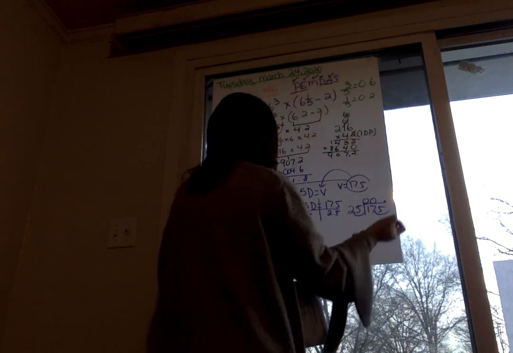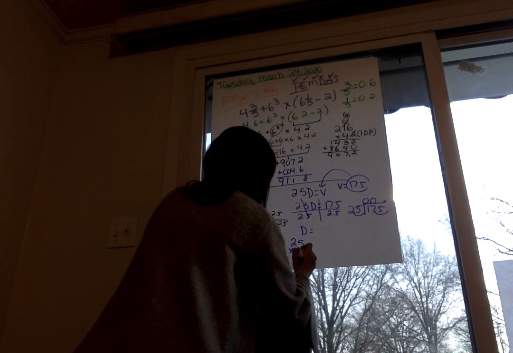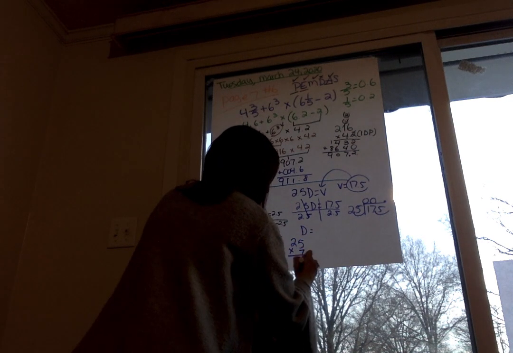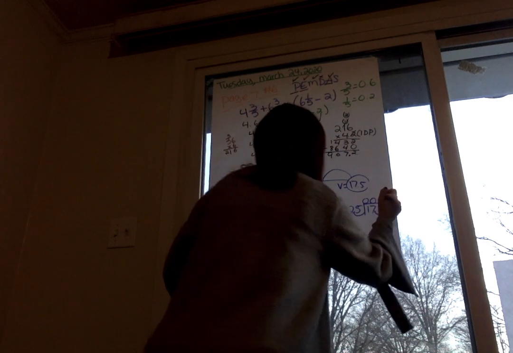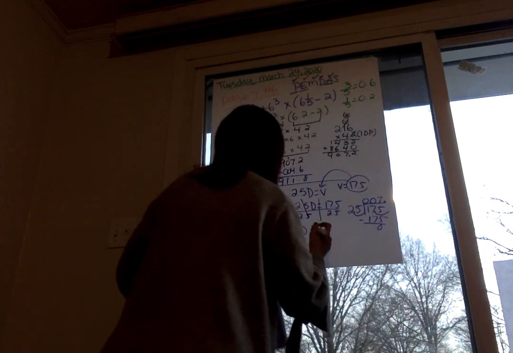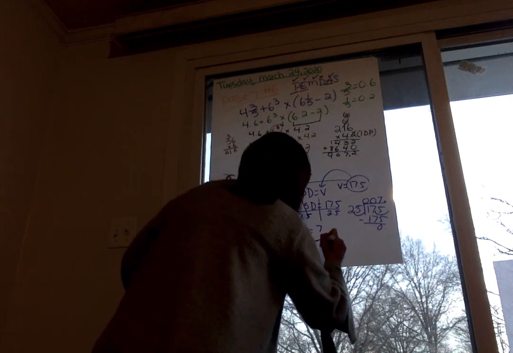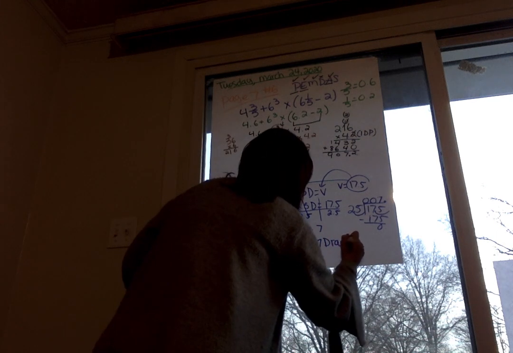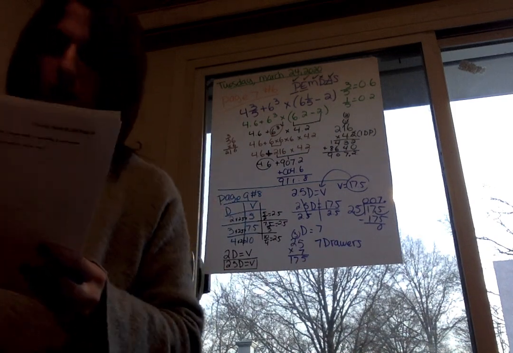So we're going to have to do some math over here. 25 times, let's try 7, this is 35, this is 14 plus 3 is 17, so I know that I have to have 7. So D equals 7 draws. So you're going to need 7 draws to satisfy this equation.